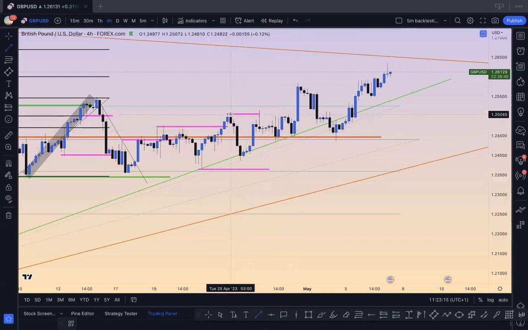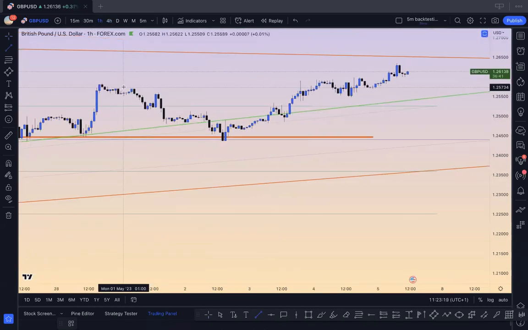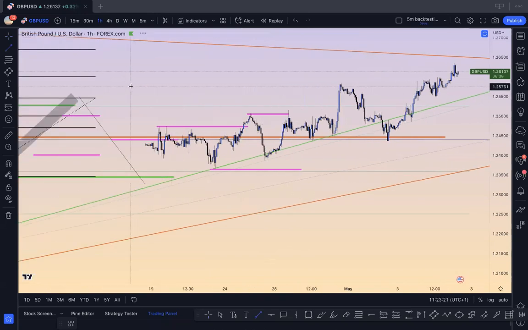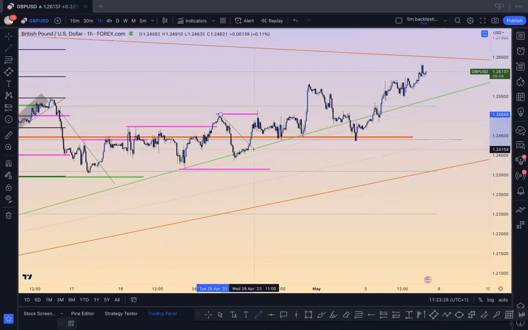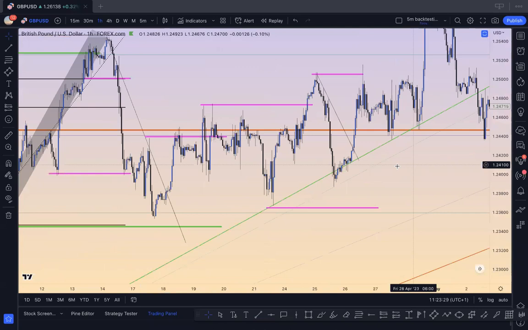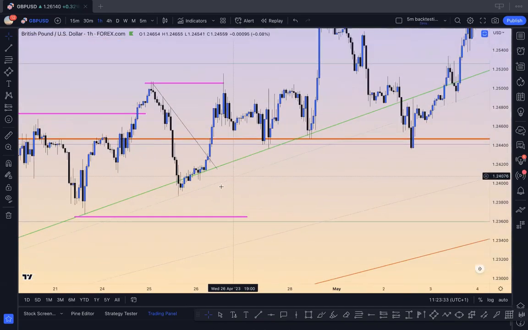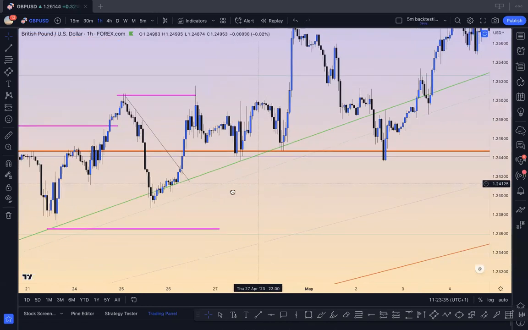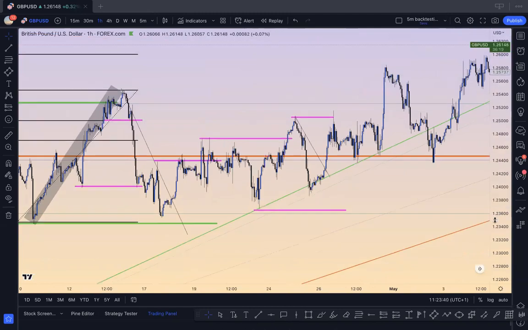I could have drawn this trend line on the 1 hour, but it didn't give me any entry. So now I would be waiting. In the meantime, I had the fib going up.